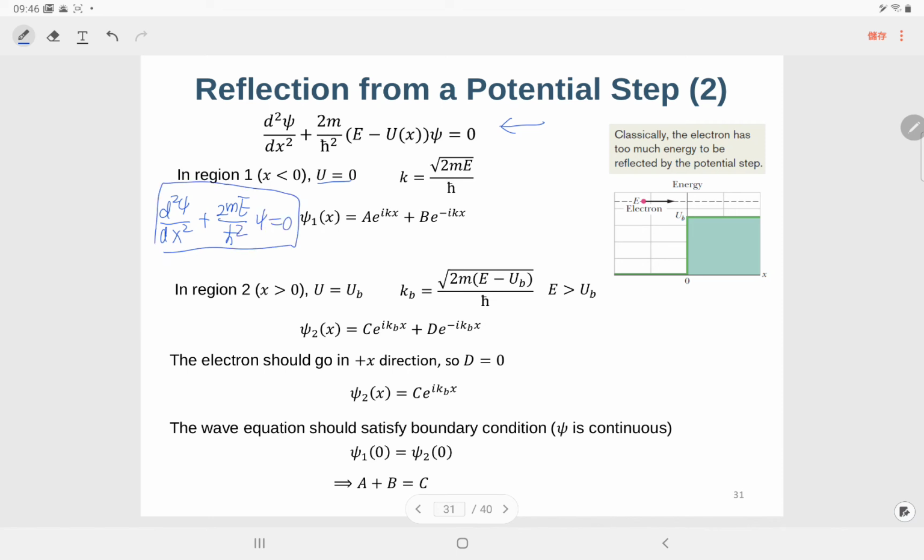So this one is pretty easy. It's just a constant coefficient second-order ODE.